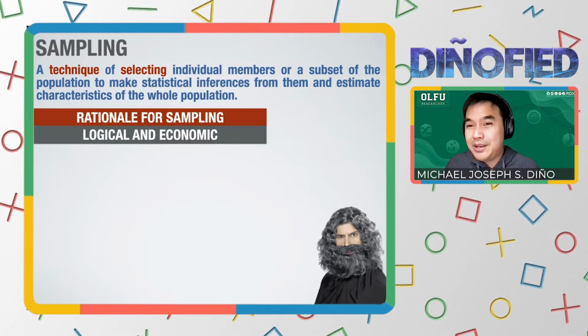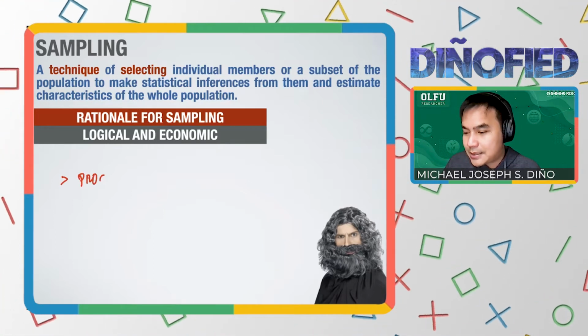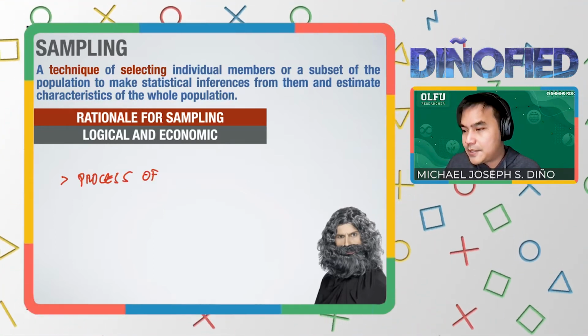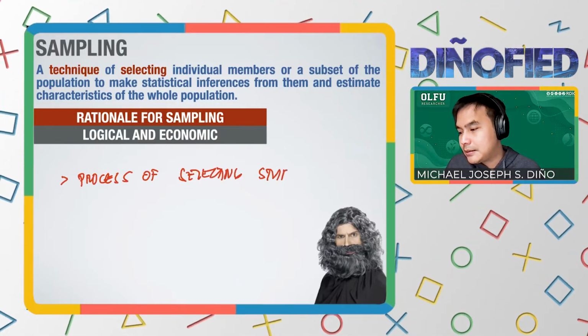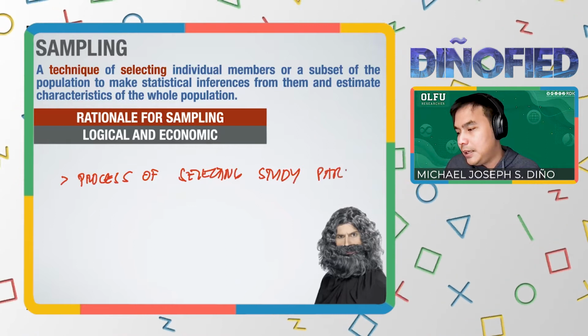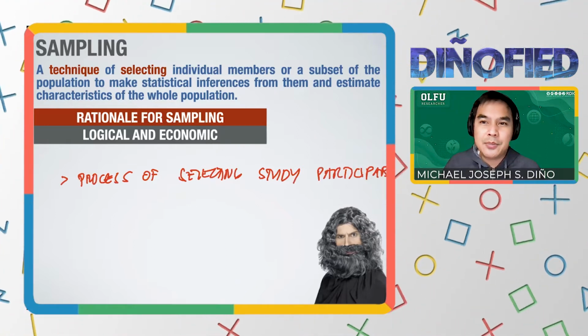If we're going to make it simple, sampling is the process of selecting study participants. Simply, it refers to the process of selecting your study participants.